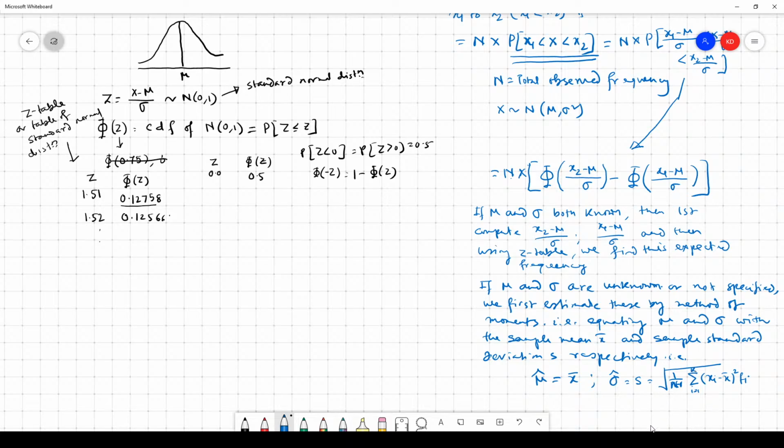Suppose there are k classes. And x bar is 1 by capital N sum over xi fi, i from 1 to k.